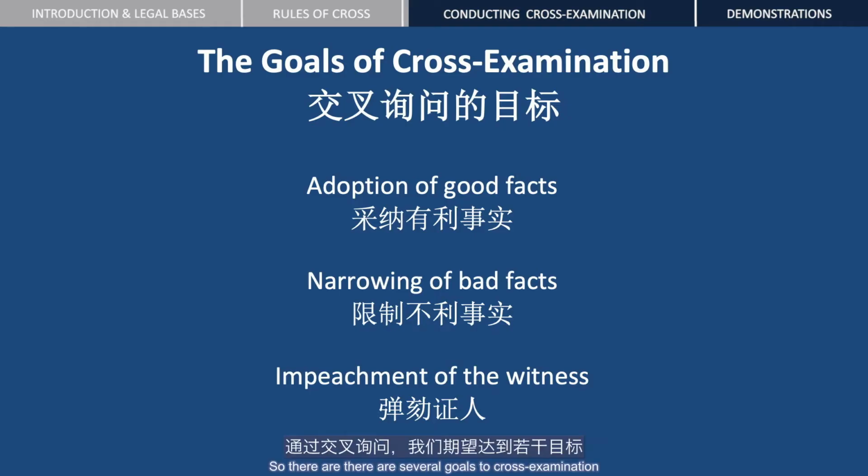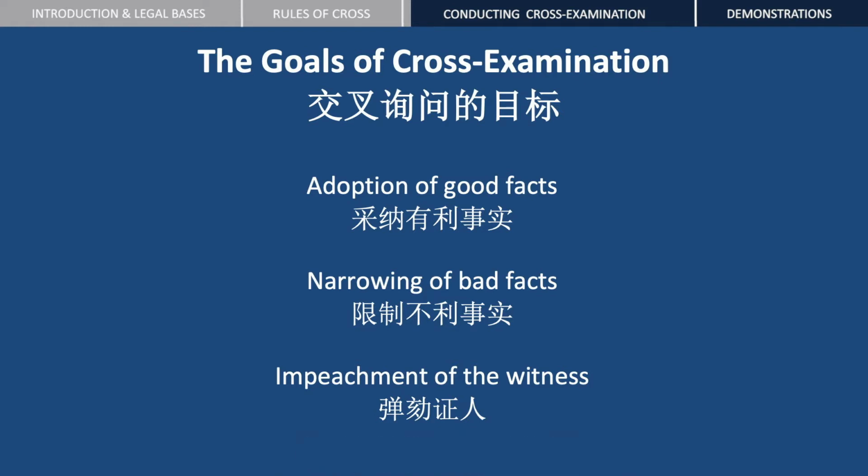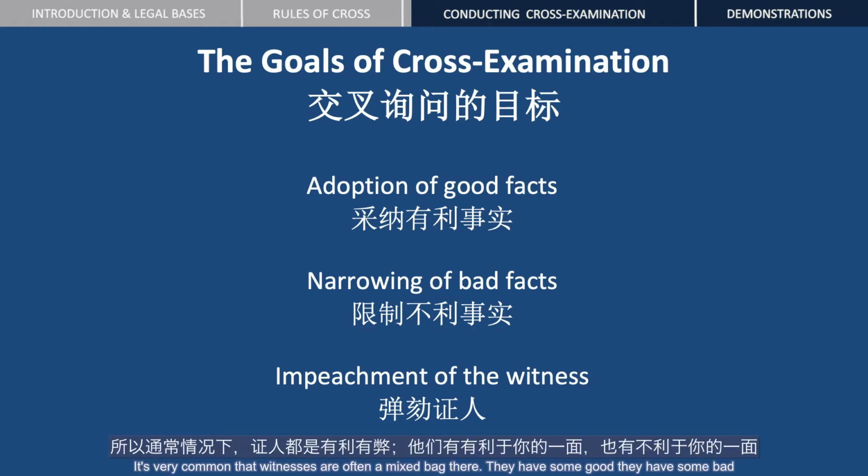There are several goals to cross-examination, and they generally fall into these categories. You may want to elicit helpful information from a witness. There could be a witness who has been called by the other side, but has helpful information to your case. It's very common. Witnesses are often a mixed bag. They have some good, they have some bad.